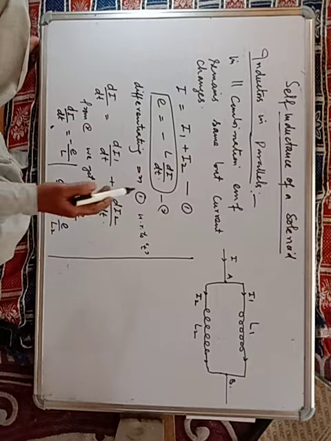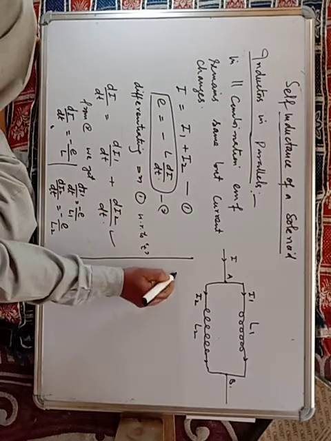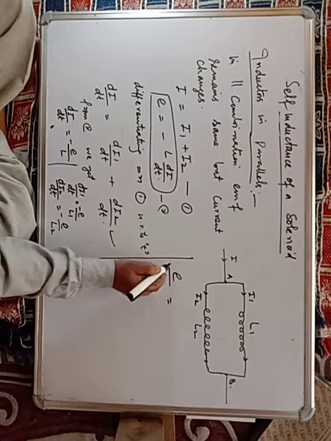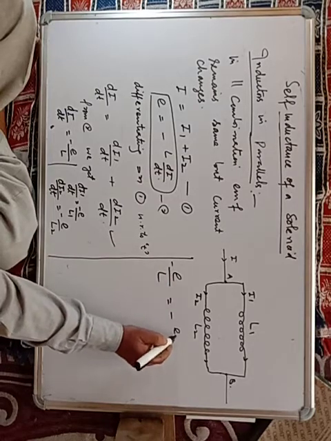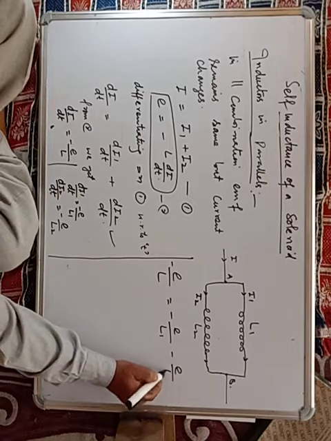So using in this equation, we get E divided by L is equal to minus E divided by L1 minus E divided by L2.